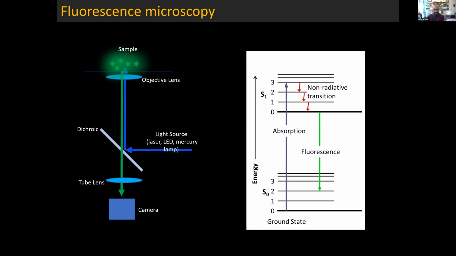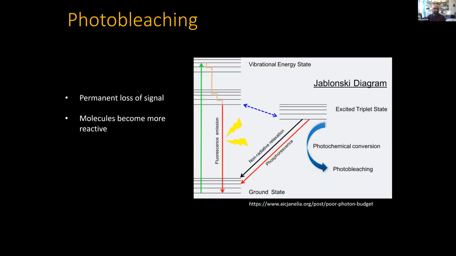In live cell imaging, the problem is that these molecules do not repeat this cycle forever. They undergo a process called photobleaching, in which after a certain number of cycles of excitation and emission, you permanently lose the signal. In this process, they also release free radicals, which are bad for the health and viability of the sample.